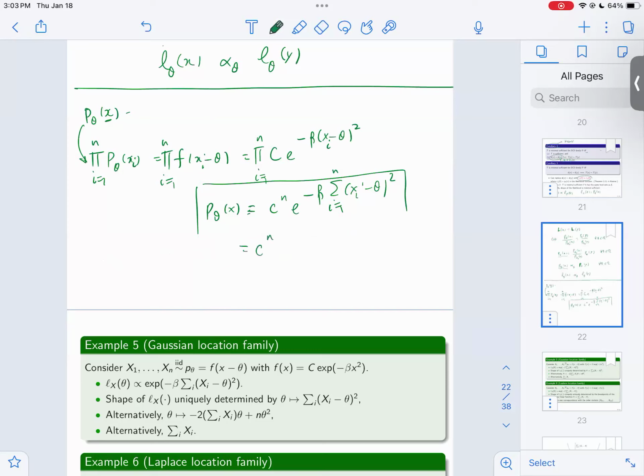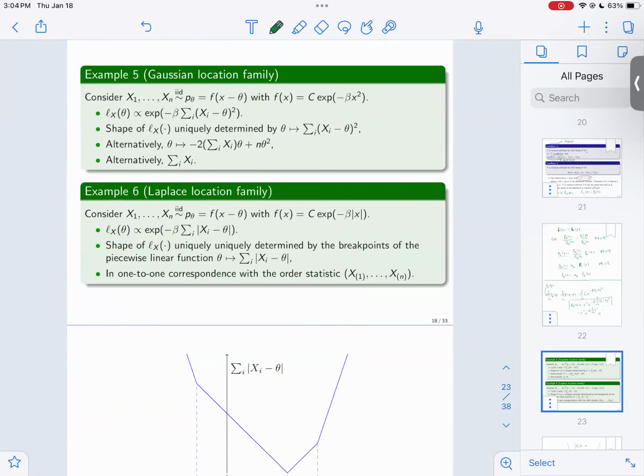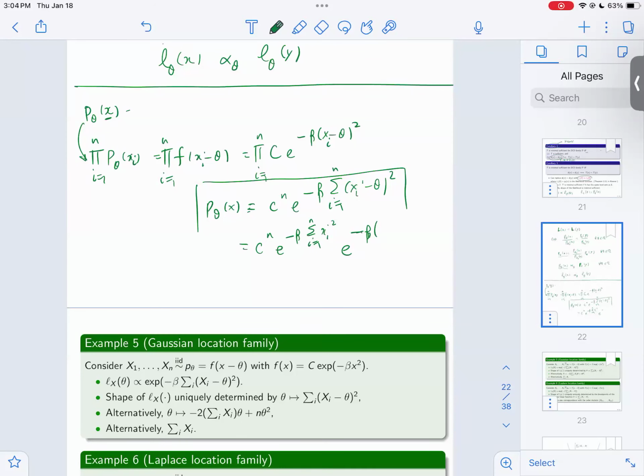This is like c to the n, and if I expand it, there's going to be e to the negative beta summation i from 1 to n of xi squared, which I'm going to also treat as a constant, and then e to the negative beta times n theta squared minus 2 theta summation xi.